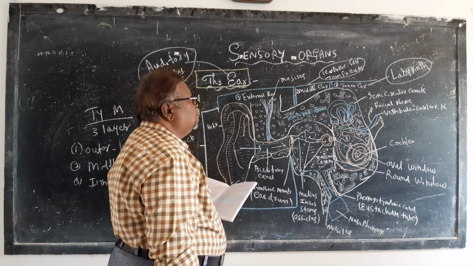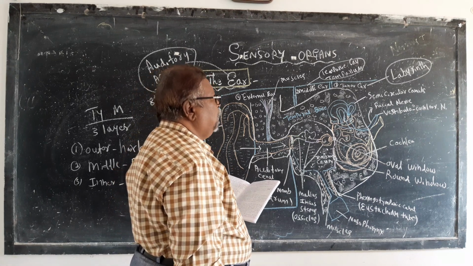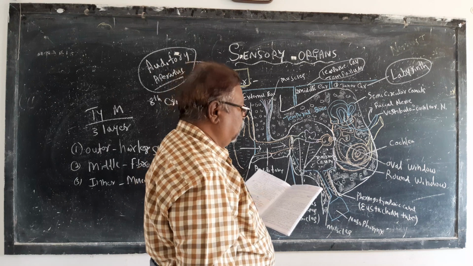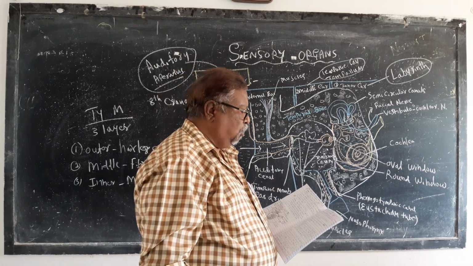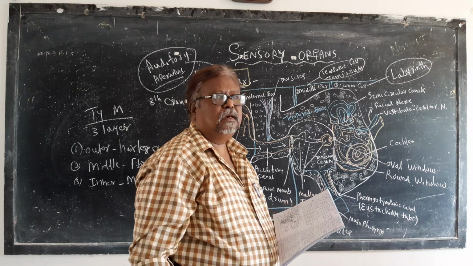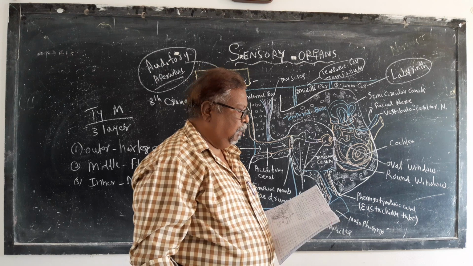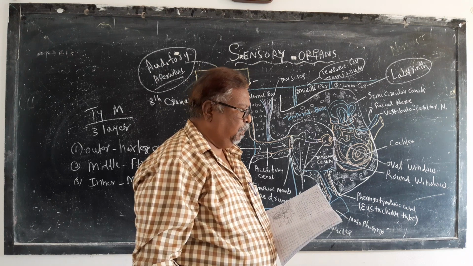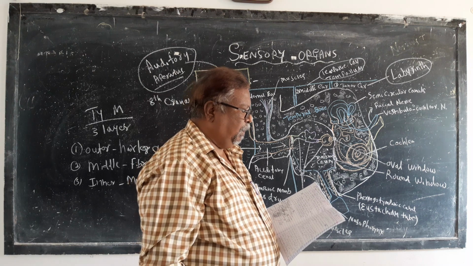So the middle ear is also called the tympanic cavity or tympanum. Likewise, the inner ear is called the labyrinth, which contains the organs of hearing and balance. This is a very important part. The inner ear contains the organs of hearing and balance, which maintain the balance of the body.